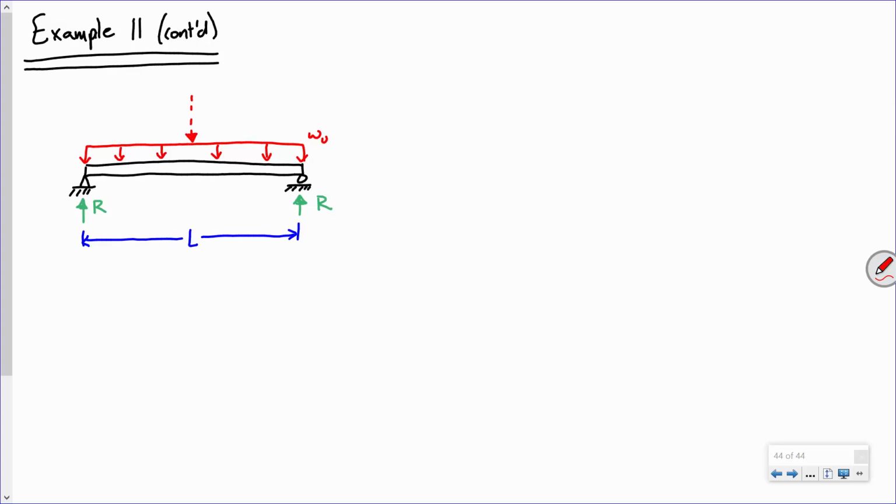What's the magnitude of that point load? W times L. How far is it from the left? L over 2.